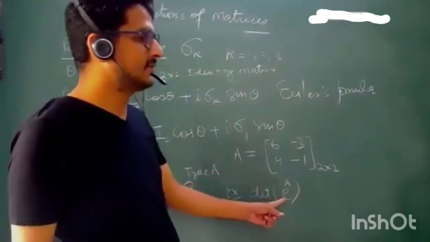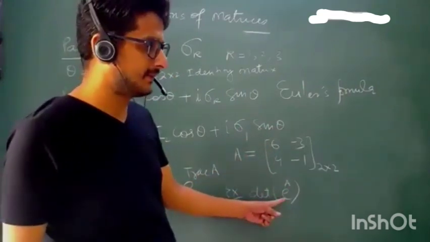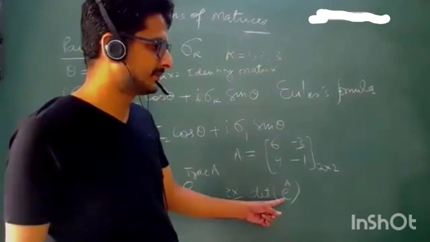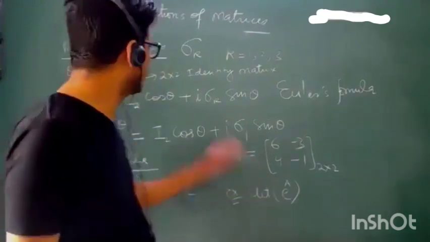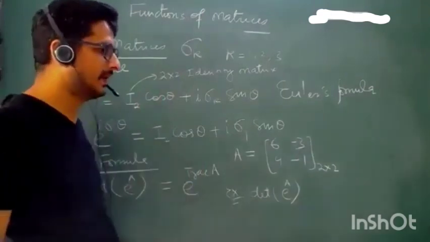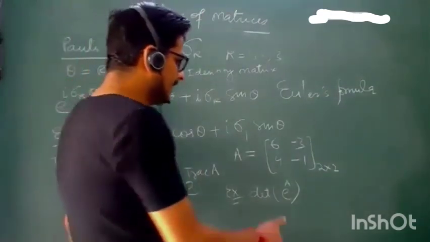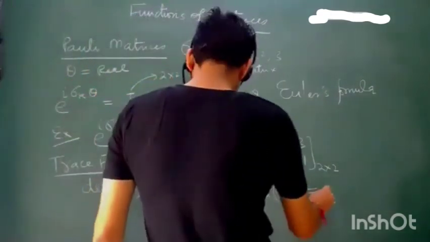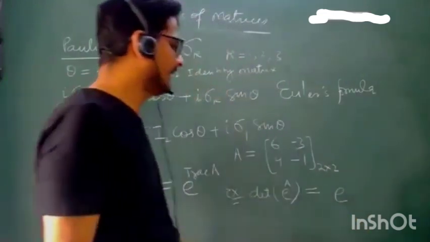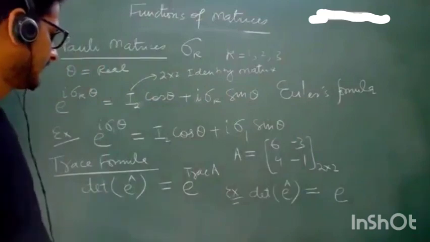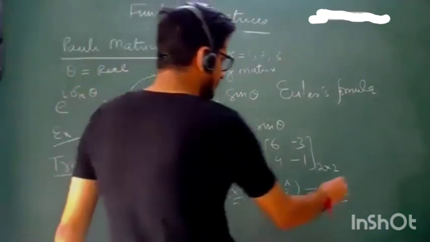All that, and then e to the power A. Only then can you calculate it, the functional matrix, right? Instead of A to the power n you will write e to the power A. And please see how simple it is. We have to just write e to the power trace of A, which is 5.